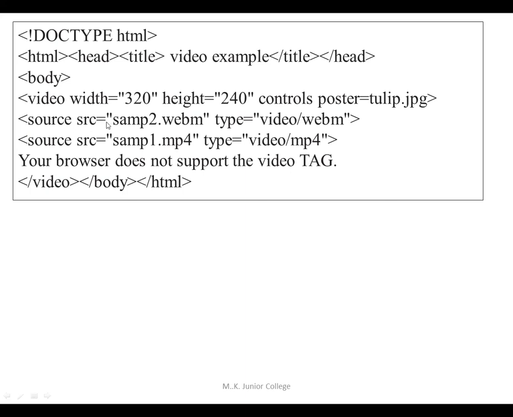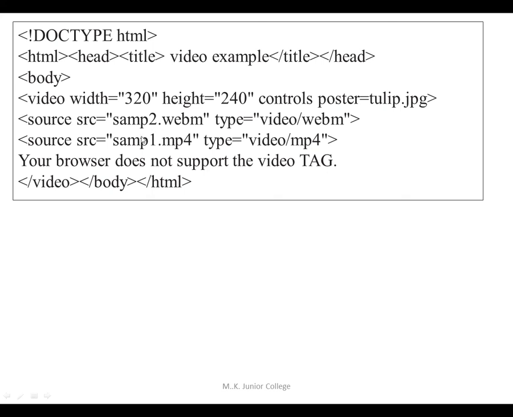Here the first source I am giving is sam2.webm. It is a web media file, a video file, and the format is webm. The second file I have added as a source, src sample1.mp4, type is video and mp4 is the format.